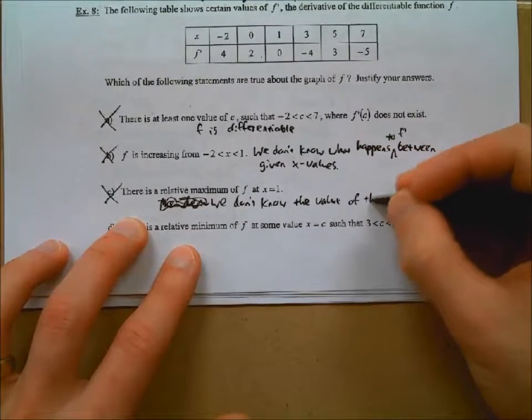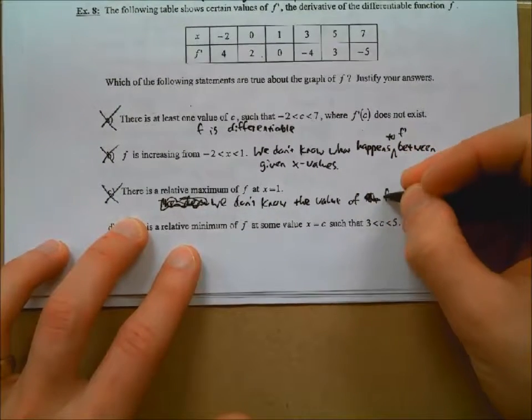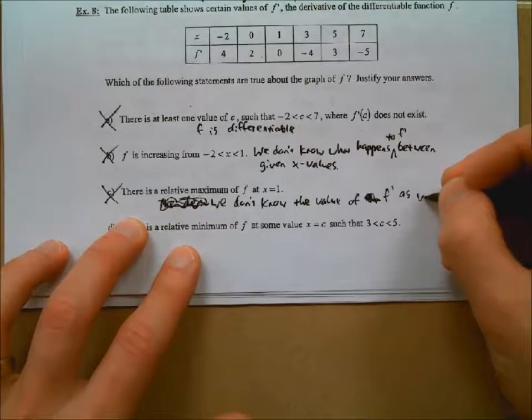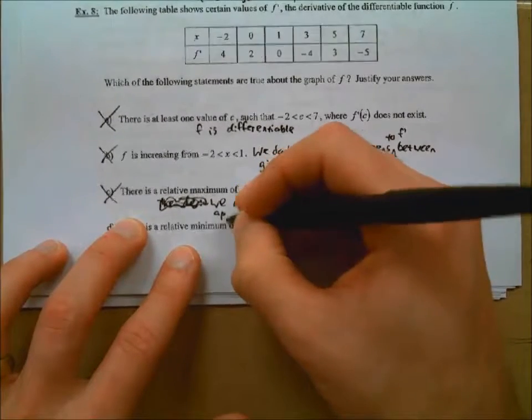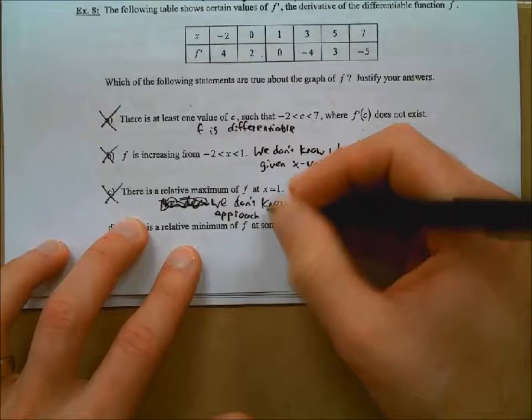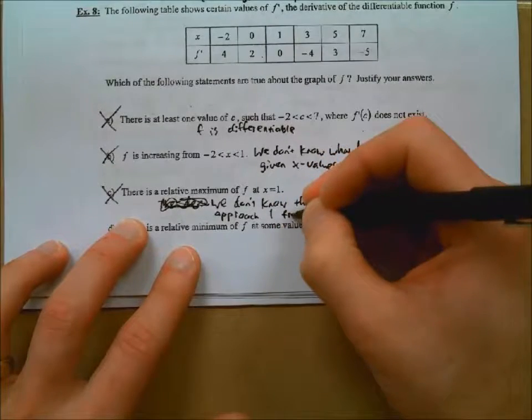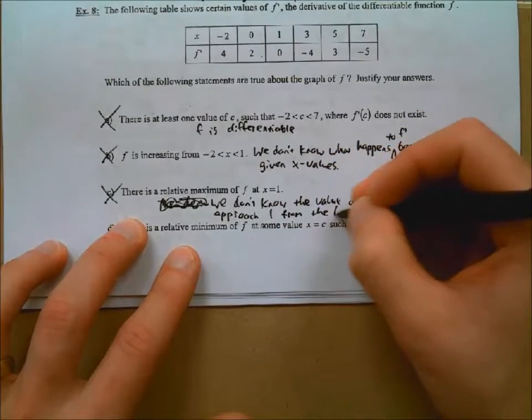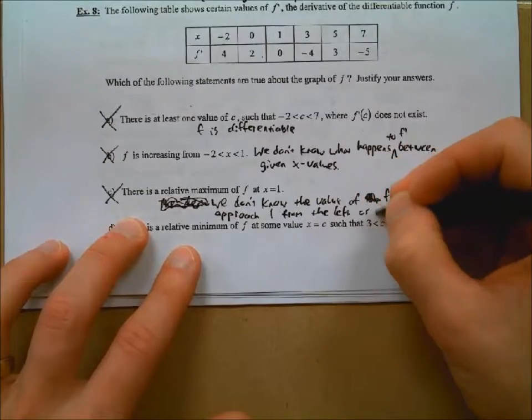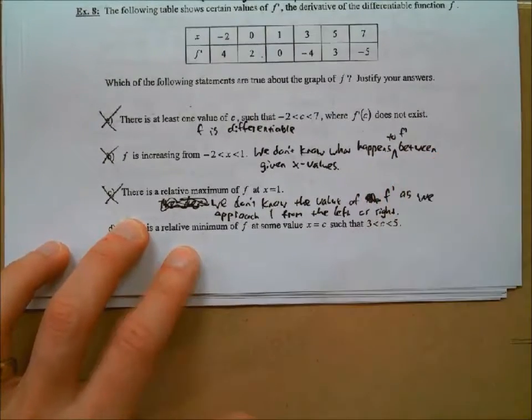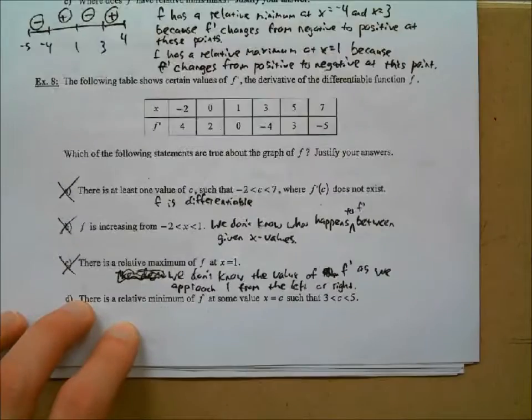Actually, not the derivative, I'll just say the value of f prime as we approach 1 from the left or right. We just don't know the value of f prime as we approach 1 from the left or from the right.